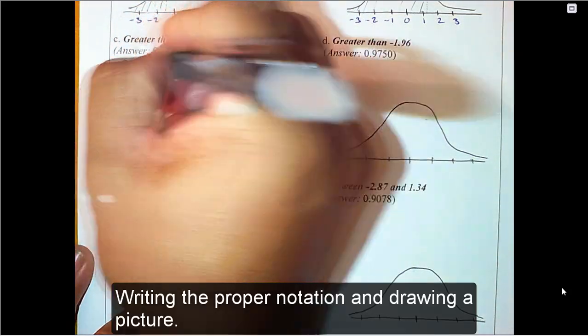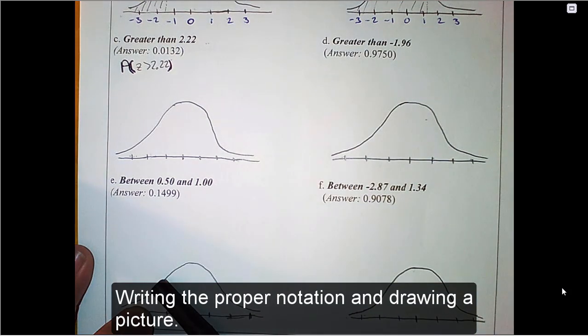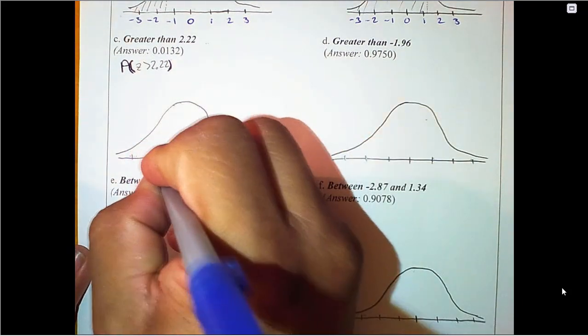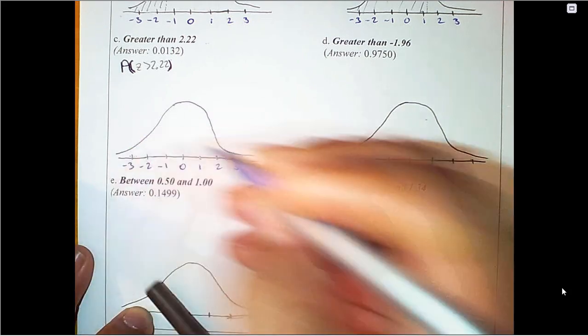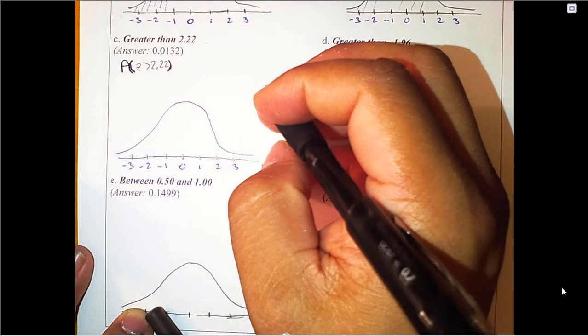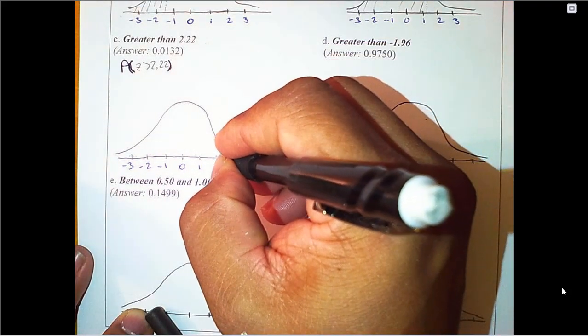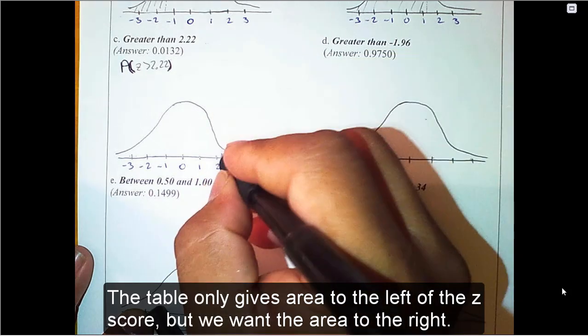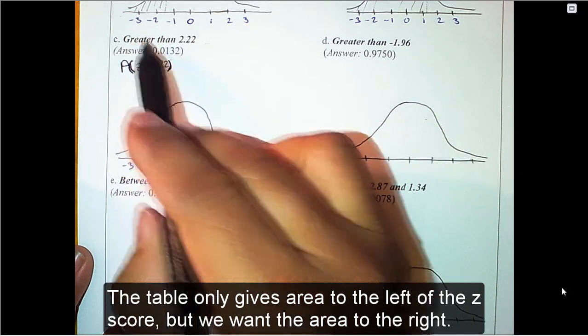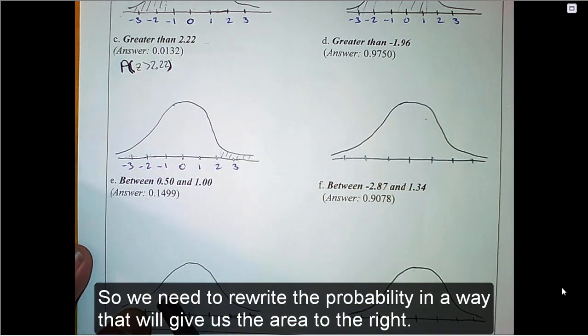Writing the proper notation and drawing a picture, the table only gives area to the left of the z-score, but we want the area to the right. So we need to rewrite the probability in a way that will give us the area to the right.